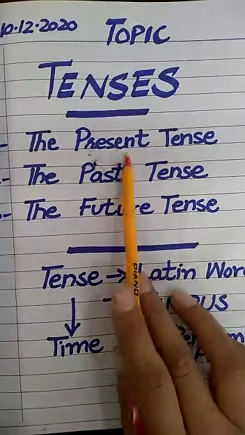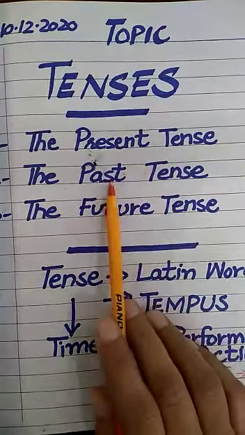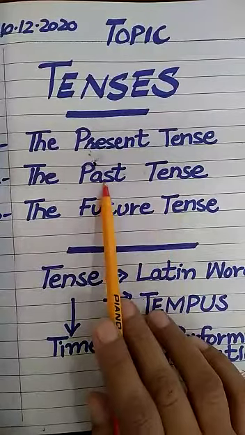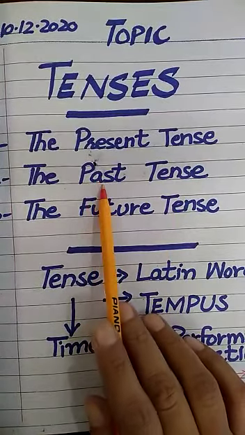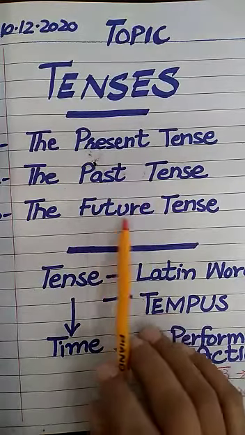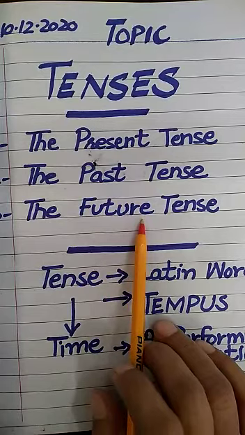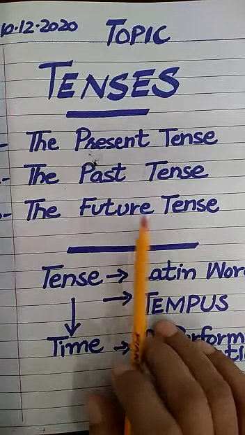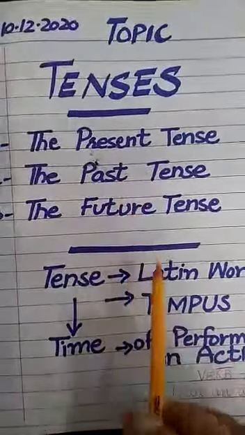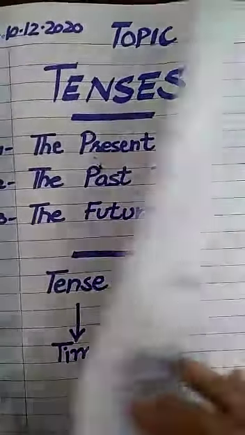The past tense means the actions which we did in the past time, and the future tense means the actions which we will do in the future, in the coming time, right? Today we will discuss the present tense.